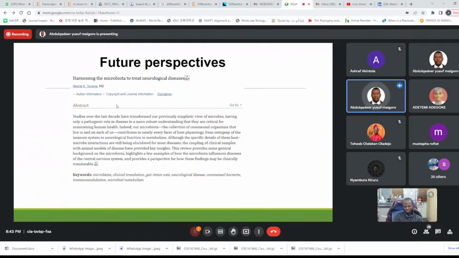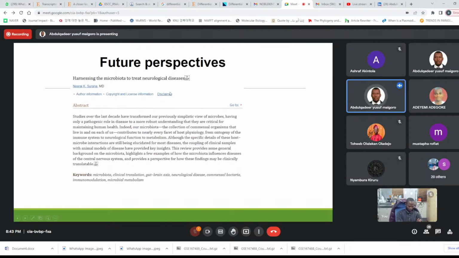So when it comes to future perspectives, the main aim of research, as we all know, is not just to publish a paper or to find out more and more about a problem. This is good, but the main aim of every research is how to solve that problem.